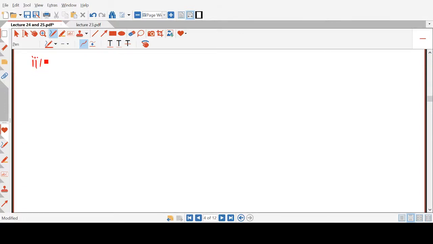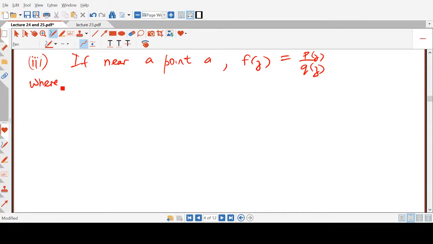Here's another nice result. If near a point a, f of z is p of z over q of z, in other words, it's a rational function, where p and q are analytic, but q of a is 0. That's where you get the poles, denominator equal to 0.